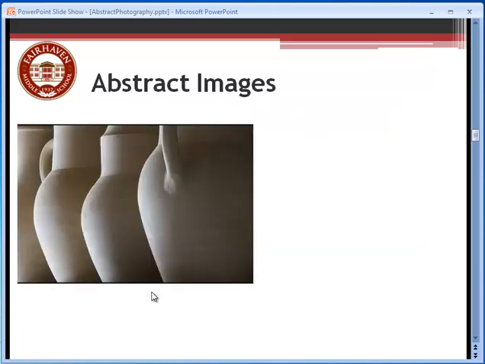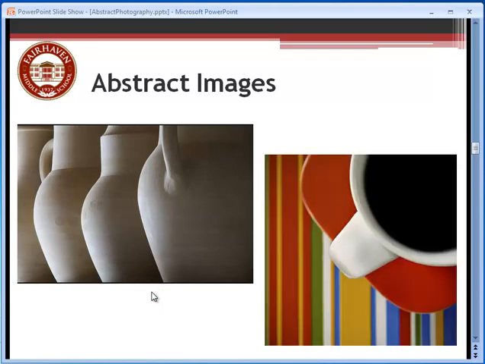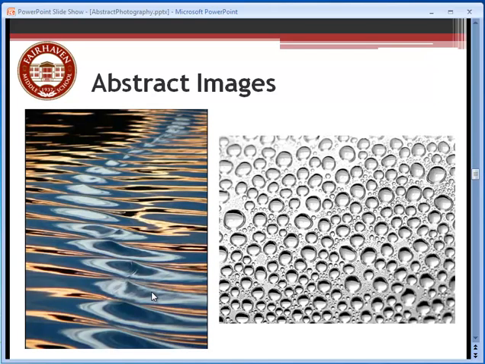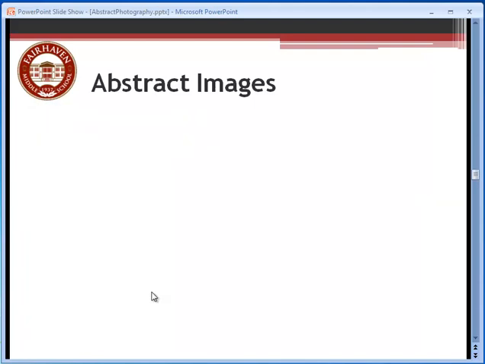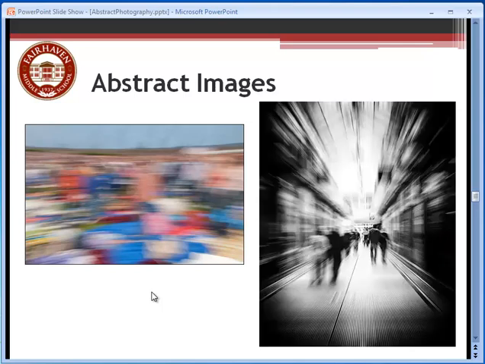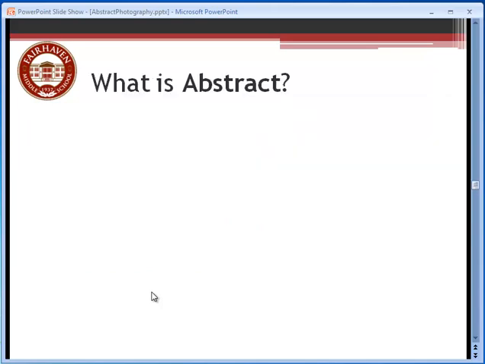Instead, we see images that really consist of different forms and colors and lines that make an interesting composition, except we don't actually know what the object or subject of the picture is. Sometimes we do, sometimes we don't. In this case, we have a very abstract image. We're not even sure what we see there. And the one on the right, we're a little bit more sure of what the subject matter is, but it's still very abstract because of the blurring.